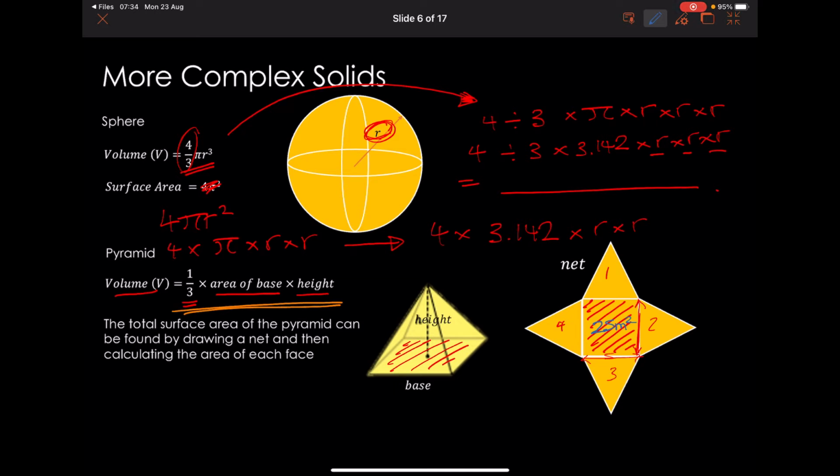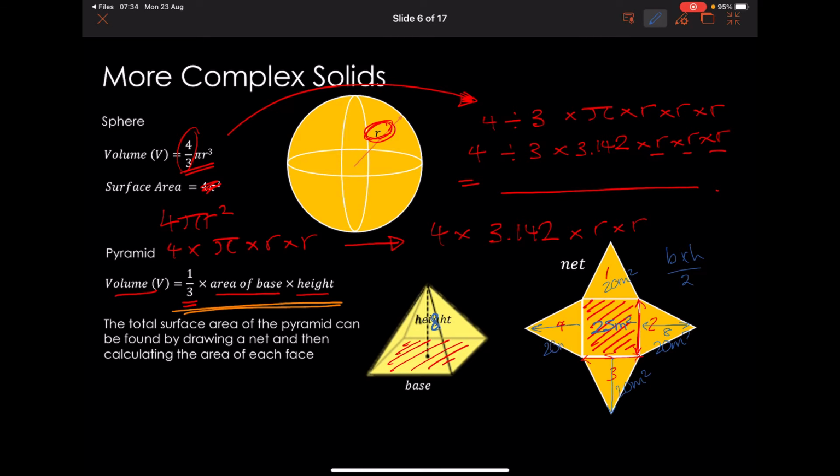And let's say the height was 8, like I said before, then we can work out all of these triangles by doing 5 times 8, which is 40, divided by 2, because it's base times height over 2 for a triangle. So each one of these would be 20 meters squared.